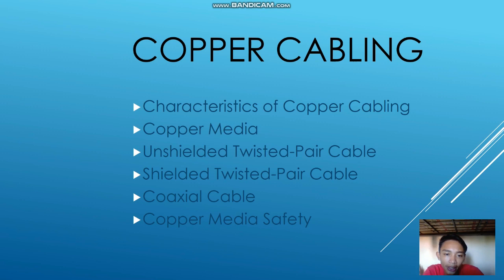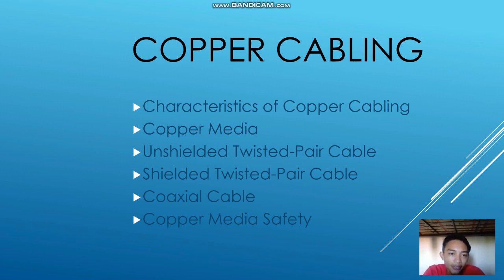The insulating material is surrounded by a woven copper braid or metallic foil that acts as the second wire in the circuit and as the shield for the inner conductor. The second layer or shield also reduces the amount of outside electromagnetic interference. The entire cable is covered with a cable jacket to prevent minor physical damage.